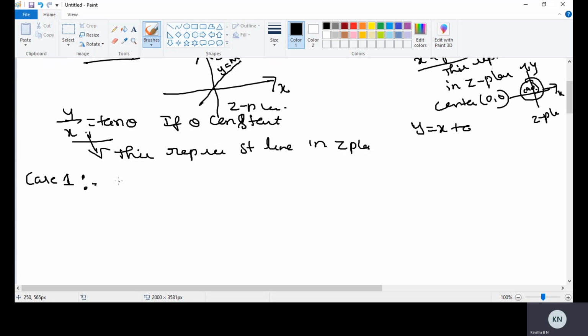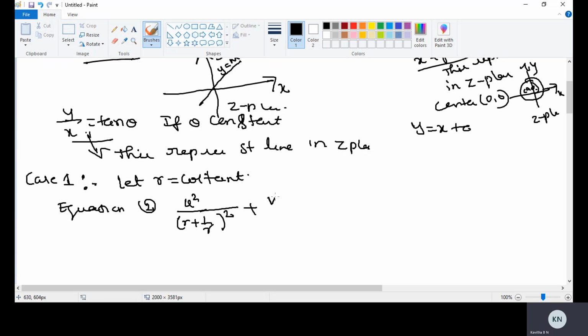Then observe here, case 1. In case 1, let r is equal to constant. Take down equation 2, which we just found. Equation 2 is u square by (r plus 1 by r) whole square plus v square by (r minus 1 by r) whole square is equal to 1.